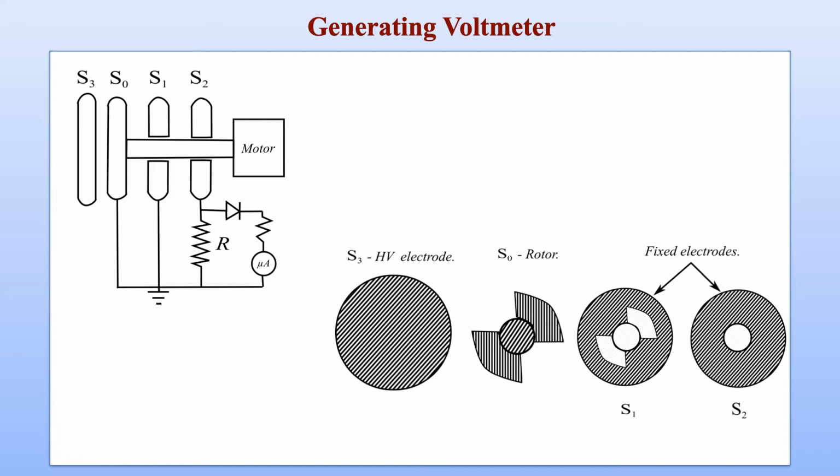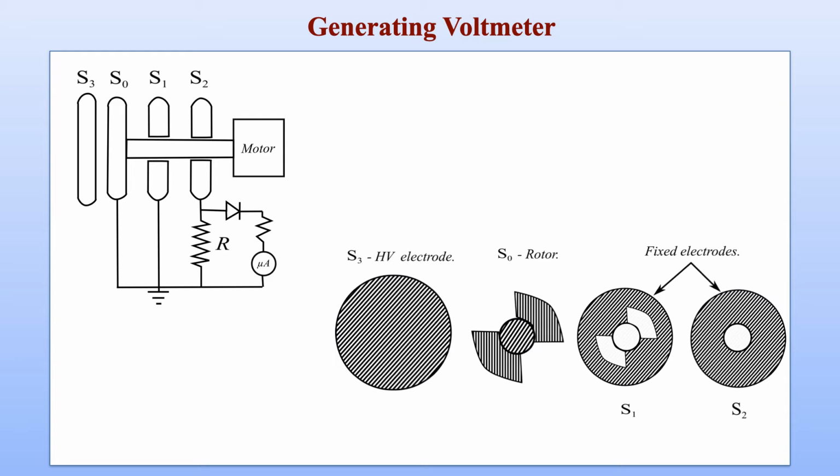So generating voltmeter measures the unknown high DC voltage applied across electrode S3, which is available on the extreme left hand side. It is a fixed electrode, and we can clearly observe that there is no physical or electrical contact of electrode S3 with the measurement circuit.